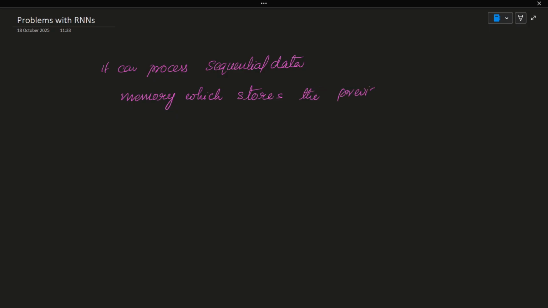So every time we calculate ht, we are calculating it as a function of the present input xt and also as a function of the previous output.